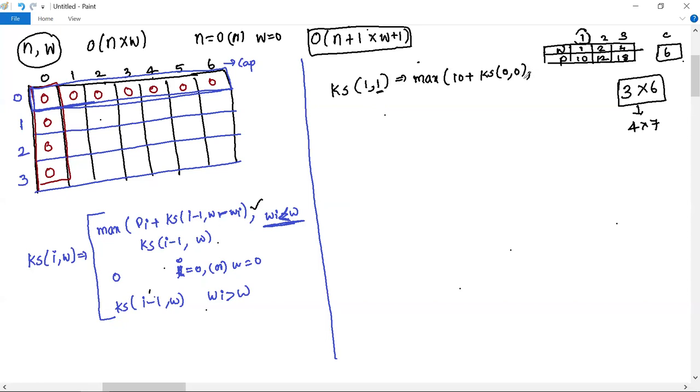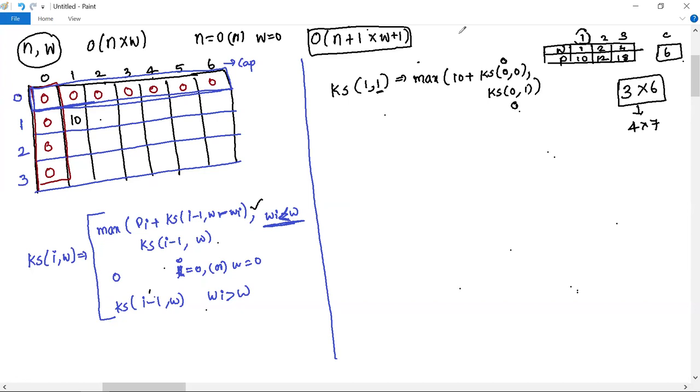The second possibility is to not include that object, and the capacity of the knapsack is 1. We know knapsack of 0 comma 0 is 0, and knapsack of 0 comma 1 is 0. So 10 plus 0 is 10, comma 0. Maximum of 10 comma 0 is 10. Means what?